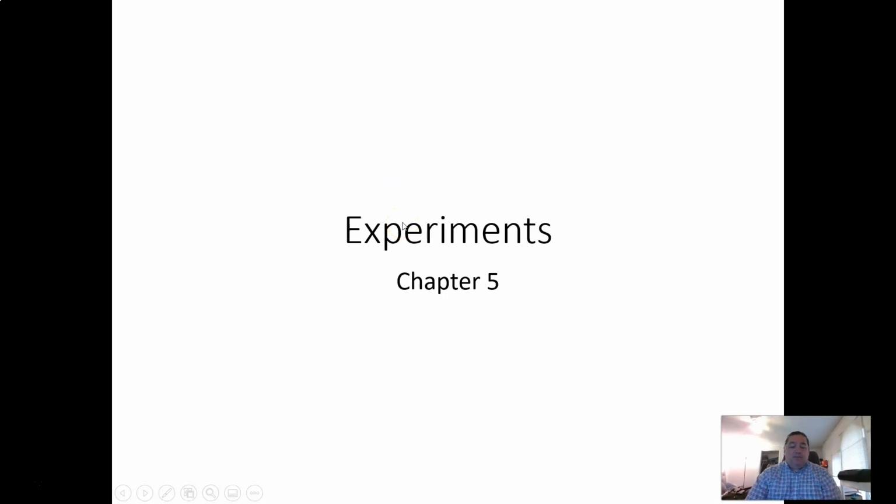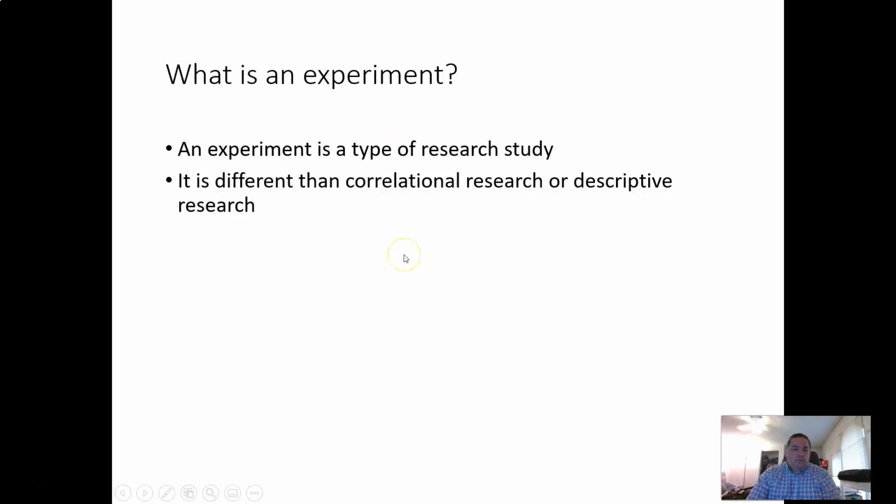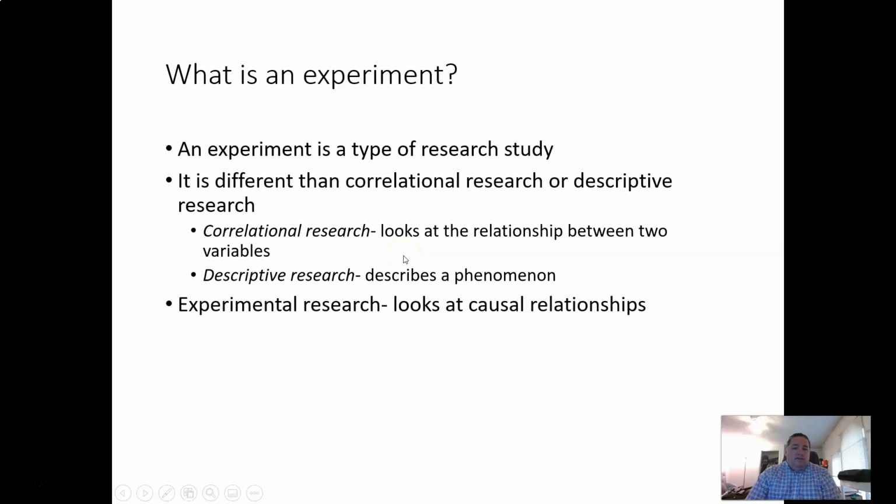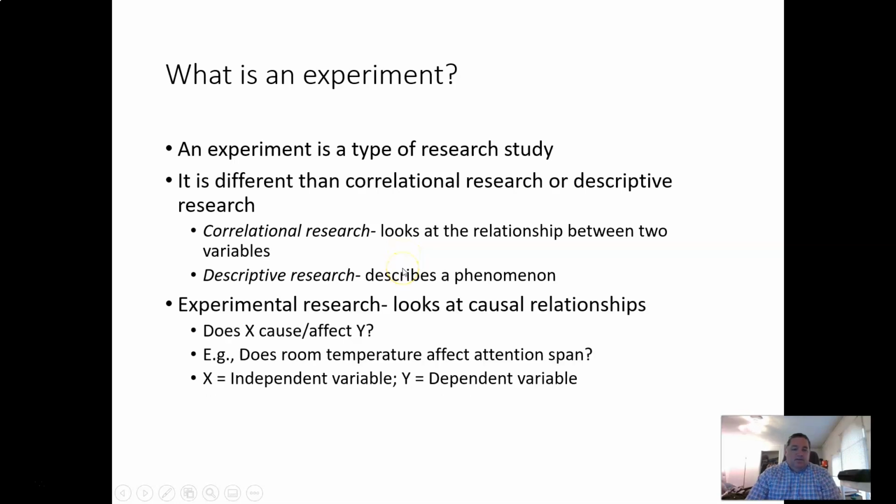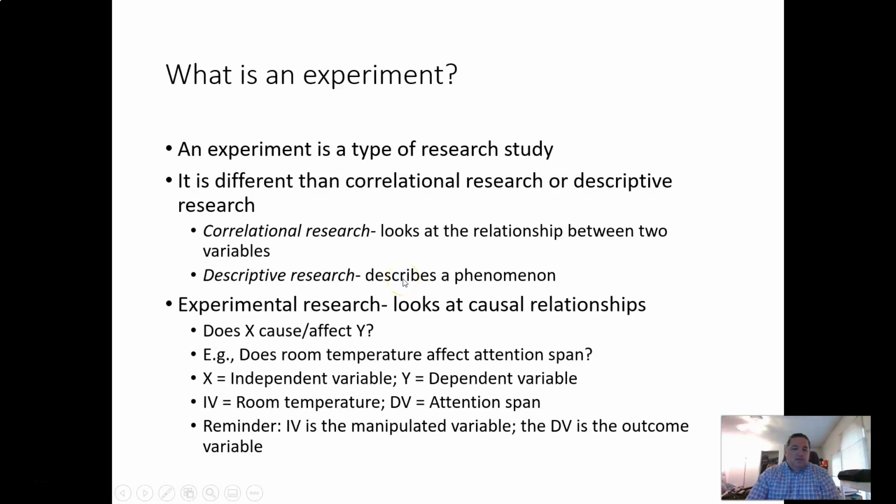Chapter 5, Experiments. So what is an experiment? An experiment is attempting to answer a question, looking for causal relationships, and it's definitely different from correlational research and descriptive research.